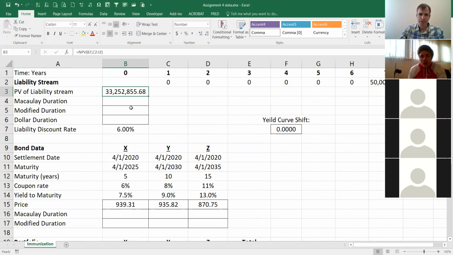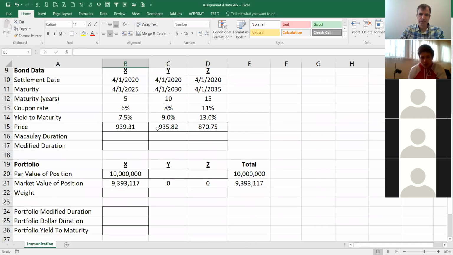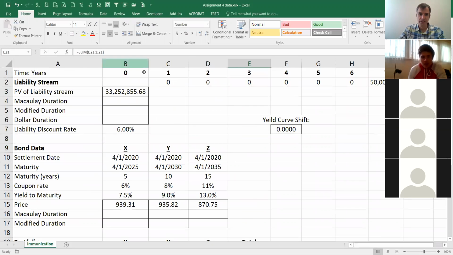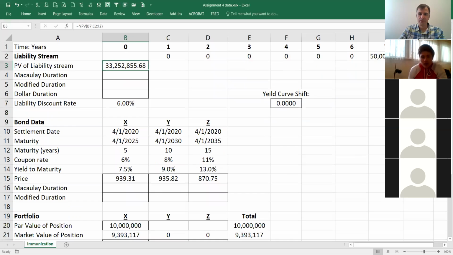And also, if the goal is for the market value of the portfolio to be equal to the present value of the liability stream, does it matter how many of each of the bonds we purchase as far as the par value of position? You know what I mean? Because in the exercise video, bond Z is the one you mostly purchased to make this goal.